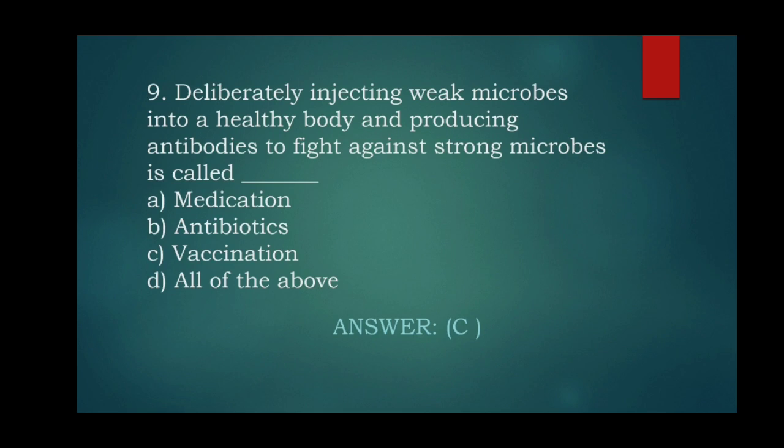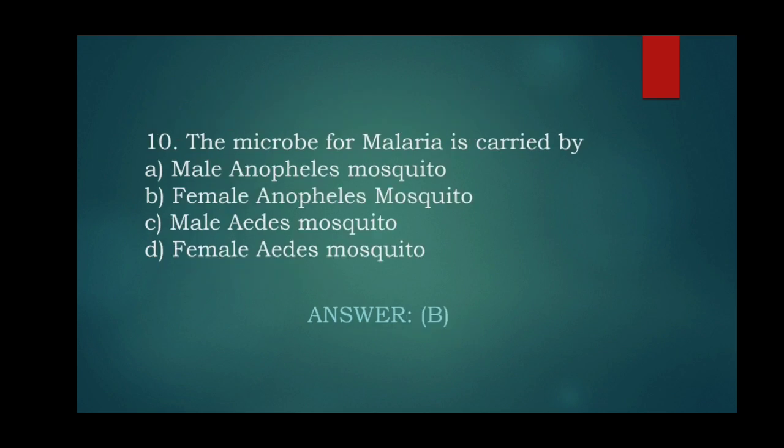So the correct option is vaccination. Question number 10: the microbe for malaria is carried by dash. Options: male Anopheles mosquito, female Anopheles mosquito, male Aedes mosquito, female Aedes mosquito. The answer is option B, female Anopheles mosquito.